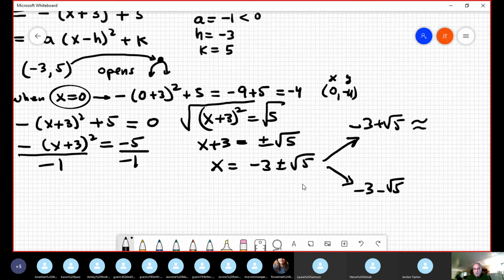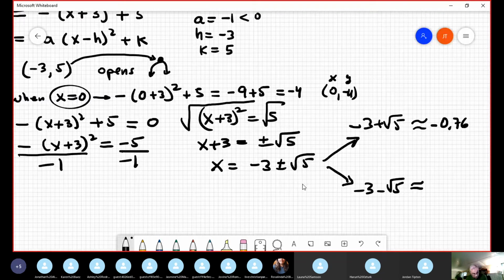I compute approximately using my calculator. -3 plus radical 5 is -0.76, using 2 decimal places of approximation.